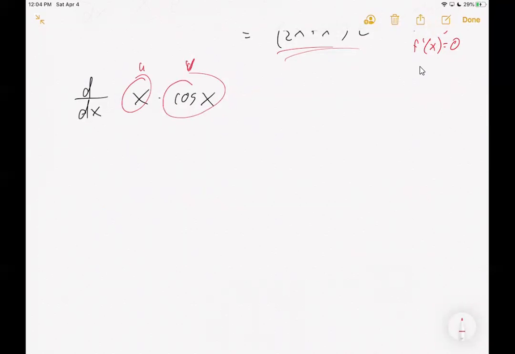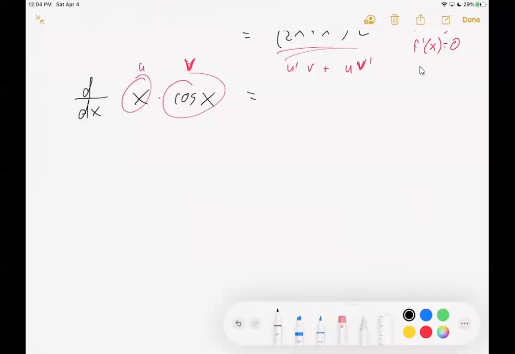Make my v look more like a v and less like a u. Okay, now complete the algorithm. Let me write it down lightly. u prime v plus u v prime. Fill in the algorithm. Go ahead and do that.